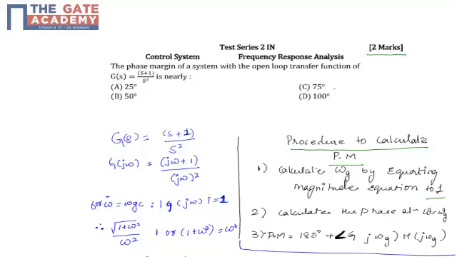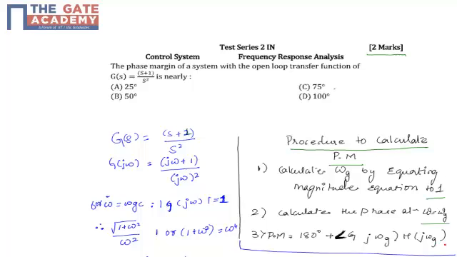Next we have to calculate the phase at omega equal to omega g, that is the gain crossover condition. The next step is the phase margin formula, that is 180 degrees plus the angle of G(j omega g) H(j omega g).